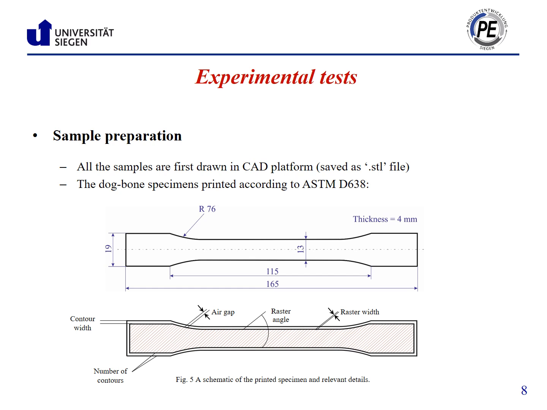For example, air gap is the distance between two rasters on a single layer of the printed part, or number of contours is the number of solid outer layers that surround the internal infill pattern of a printed part. We should note that the values of these parameters have a role in the performance of the printed part.